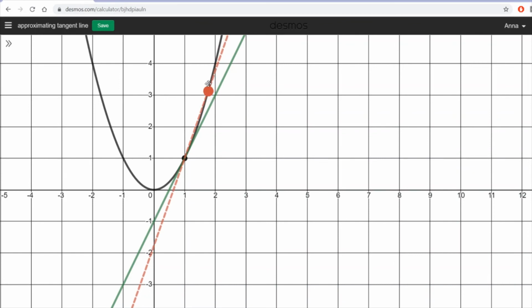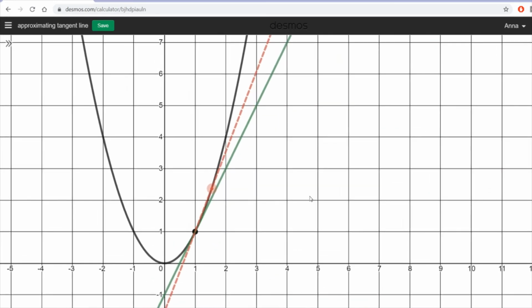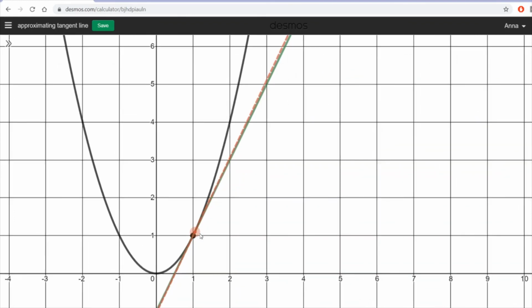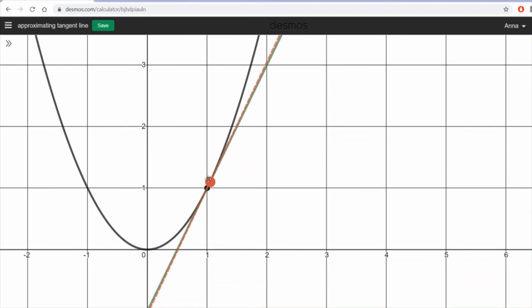But if we take this second point and we drag it to about 1.5, notice that now the red line slope is actually getting a lot closer to the slope of the green line. And if we bring this point in even closer, the slope of the red line is even closer to the green line. So now I have that red point basically just past 1.